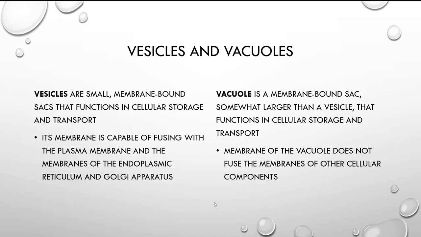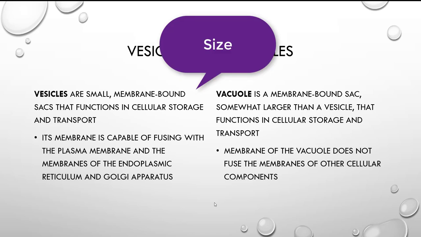All right. A couple other types of components that are found in cells are vesicles and vacuoles. So the only difference between a vesicle and a vacuole is the size. So vesicles are small, vacuoles are large.